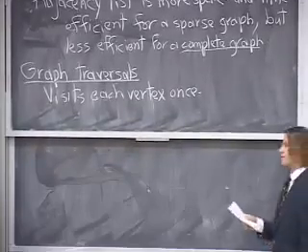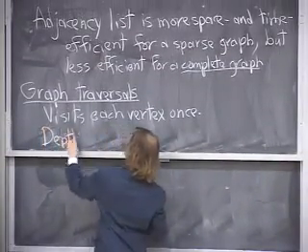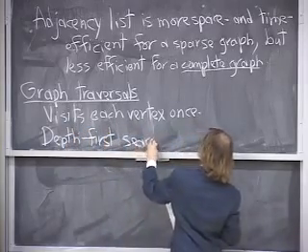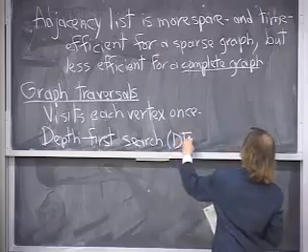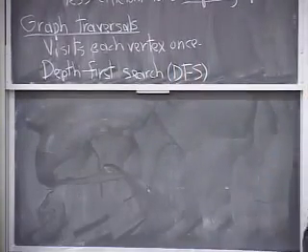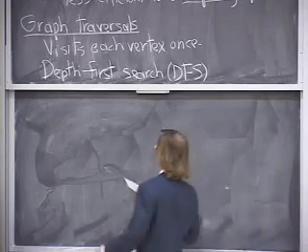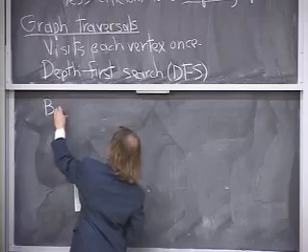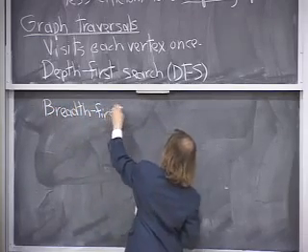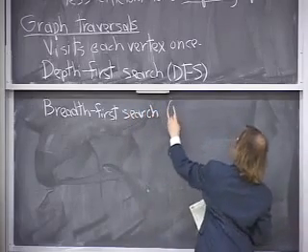One is called depth-first search, which, since depth-first search is a long name, we will usually abbreviate to DFS. And the other one is called breadth-first search, or BFS.